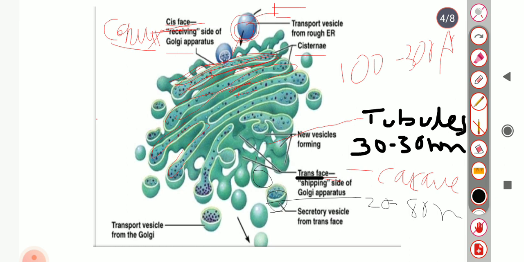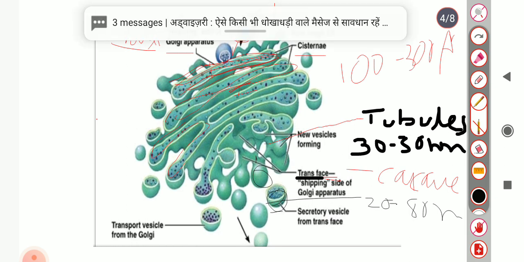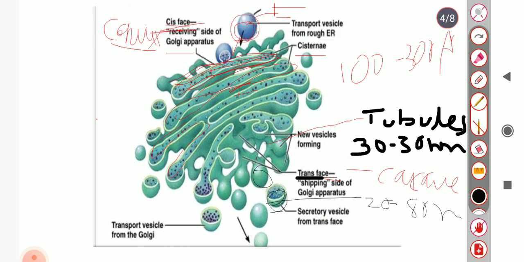There are two types. Means vesicles are of two types: rough vesicles and smooth vesicles. The coated vesicles are also called rough vesicles, with a rough surface, and they elaborate membrane protein.